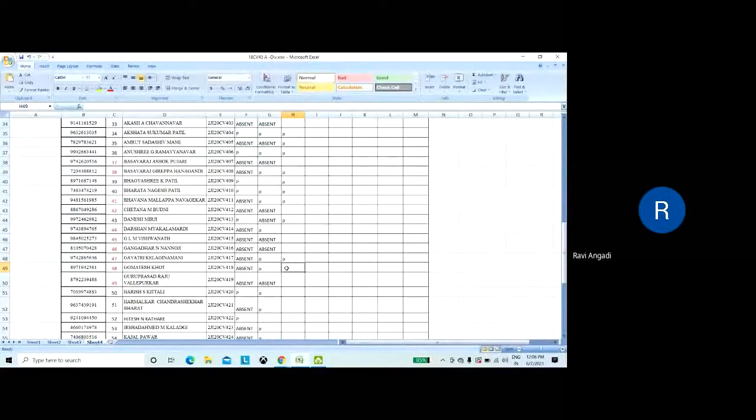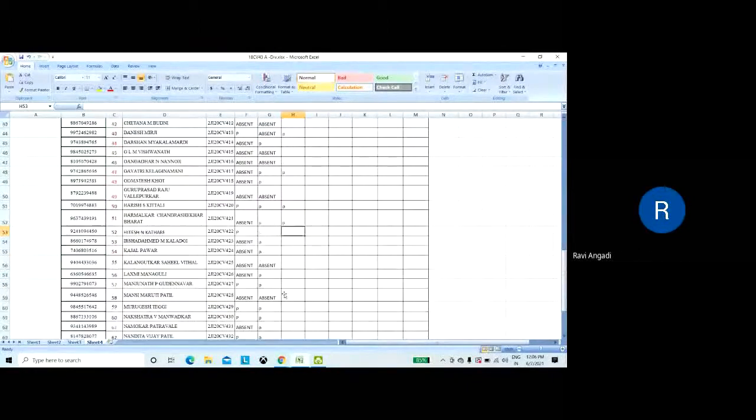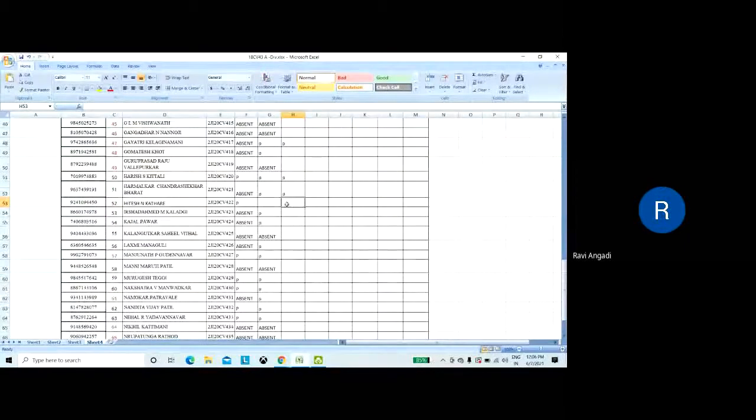Gomtesh Koth, Guru Prasad, Harish Kittali. Yes, sir. Harmalkar Chandrasekhar. Yes, sir. Hitesh Katare, Hitesh, Irshad Ahmad, Kajal Pawar.